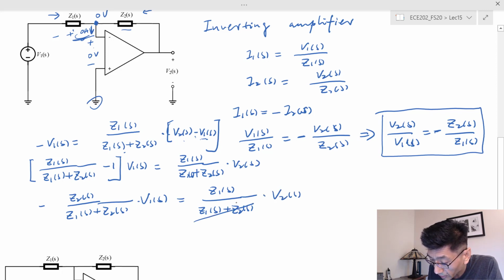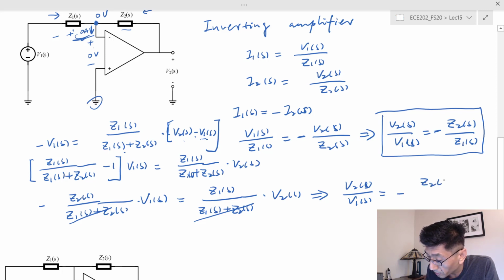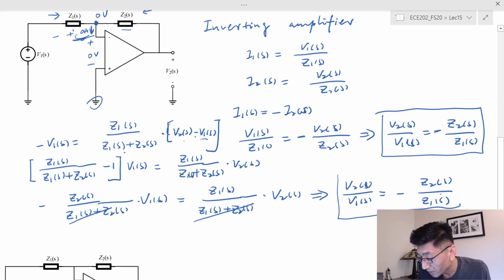So now I can cancel the denominator because they're the same. So I reach the same conclusion, right? I got V2s over V sub 1s equal to negative Z sub 2s over Z sub 1s. So this takes a little bit longer and a little more effort, but you get the same result, right?